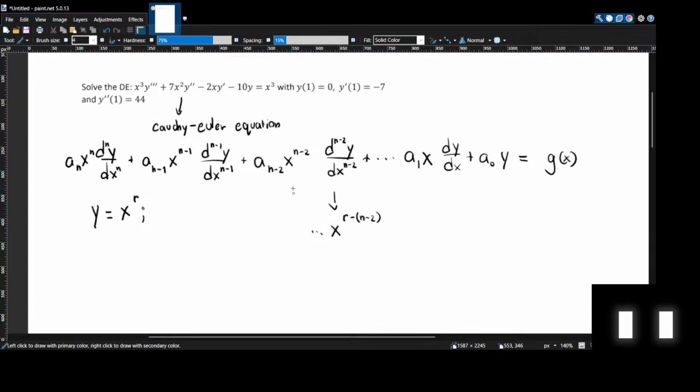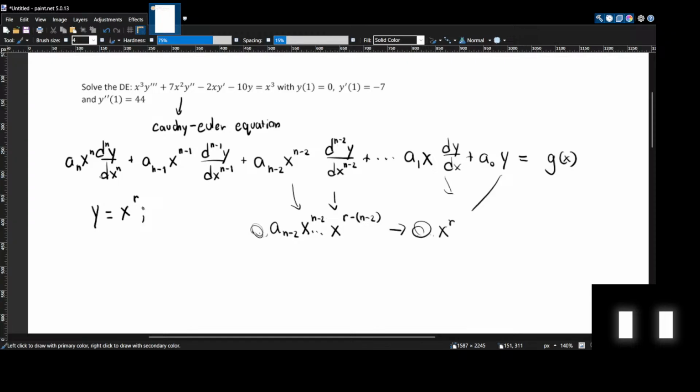If you multiply it by x to the n minus 2 over here, there's gonna be some other term in front of it, but what you're gonna get is a constant term multiplied by x to the power of r, and it applies for this term as well. Y here is already x to the power of r, and this thing will become x to the power of r as well.